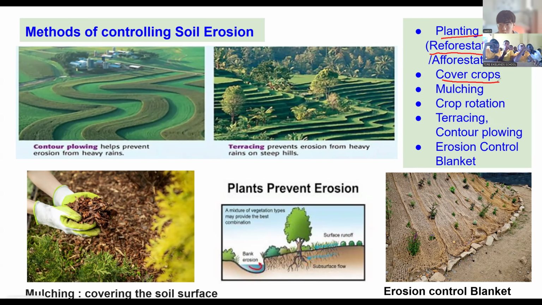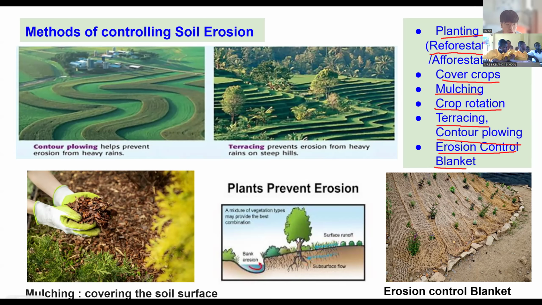You can also use cover crops on top, therefore protecting the topsoil, or mulching, or crop rotation, or terracing, contour plowing, erosion control blankets. All of these are materials and methods that prevent the topsoil from eroding.